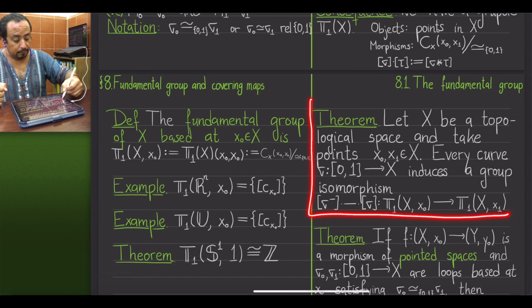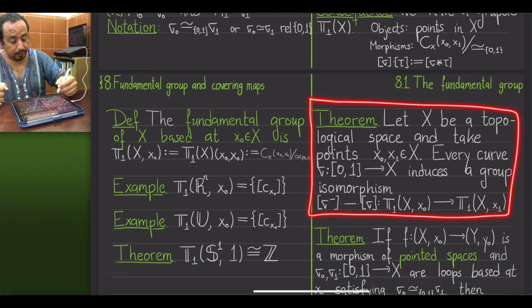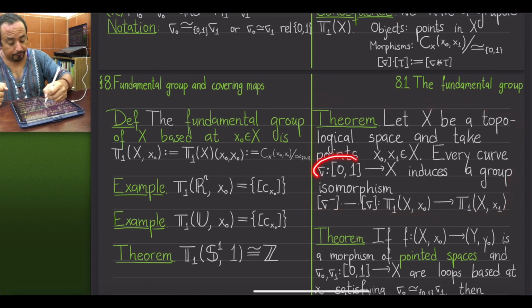And actually, every curve in a topological space from one point to another, so whenever the 2 points can be joined by a curve, every curve induces an isomorphism between the fundamental groups, right?